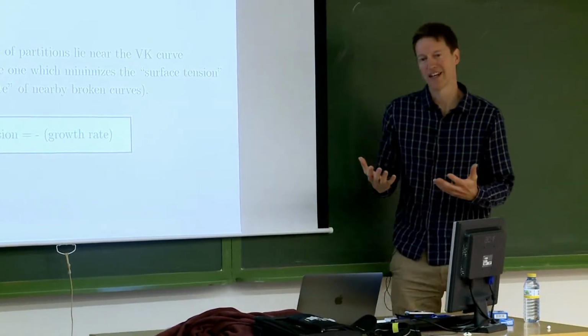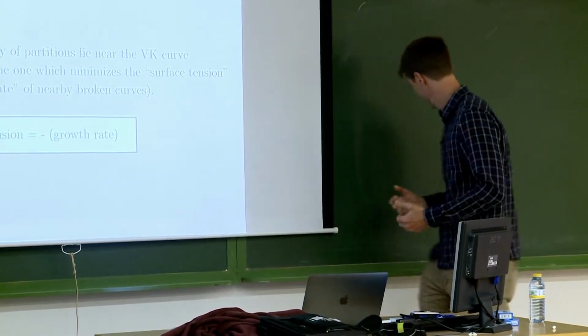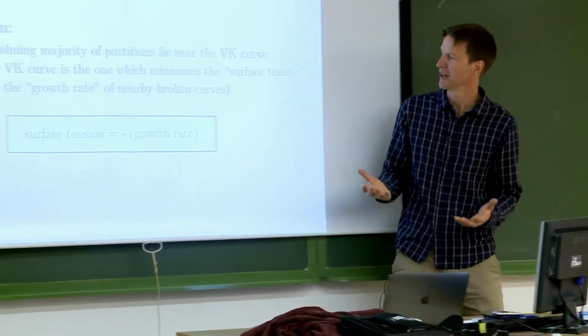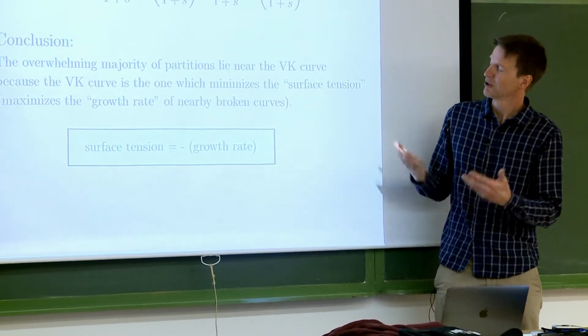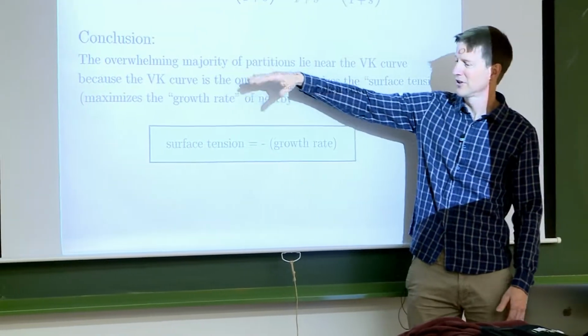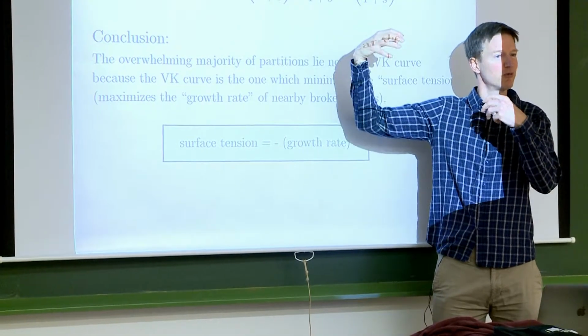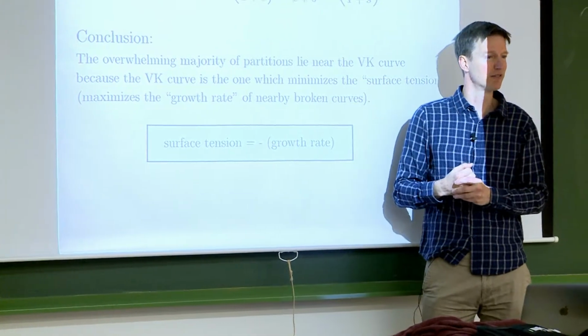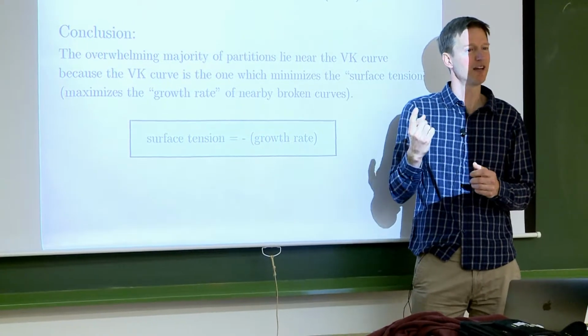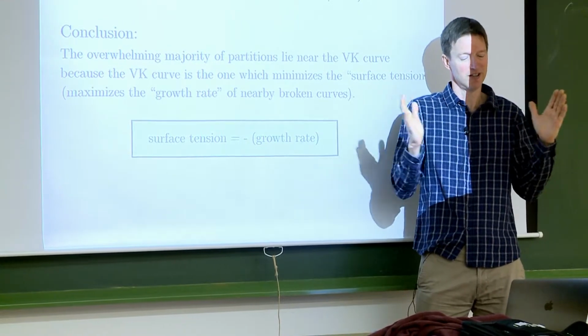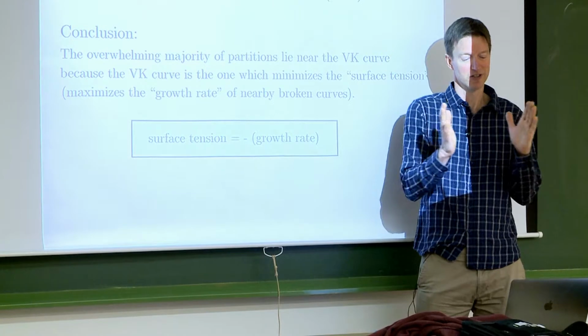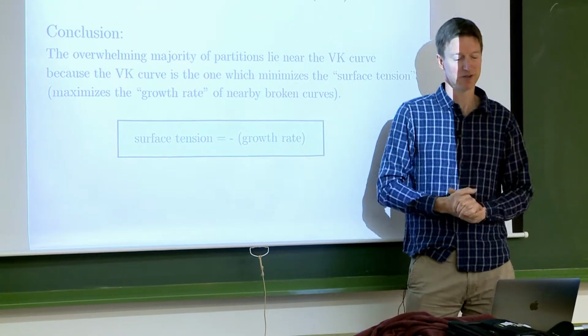So for each curve, you have some growth rate of the number of partitions near there. Remember, there's this extra parameter n, and 1 over n is the mesh, which is going to 0.